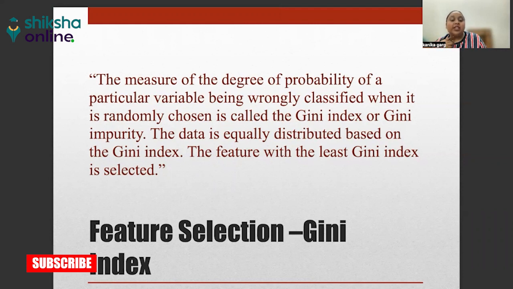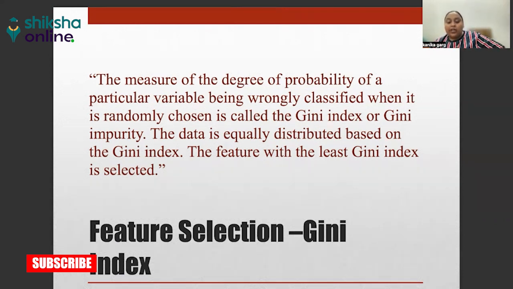Okay, so it's basically a degree of probability that a particular variable will be wrongly classified. Sometimes when we see data, we misunderstand it and misinterpret the information that it conveys. So it measures that degree, that probability that it will be misconveyed.